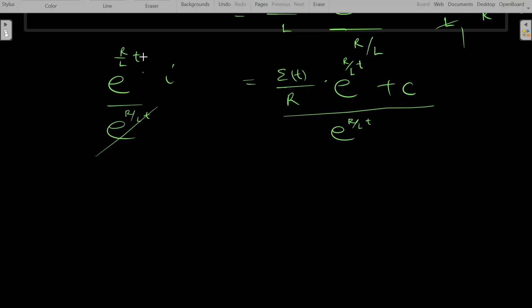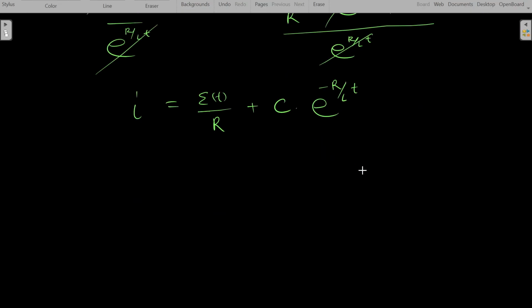So this cancels this, and I remain with my current I equal. So we're saying I equals e as a function of t divided by r, then I'll add c multiplied by e raised to negative r upon l t. So this is our general solution.